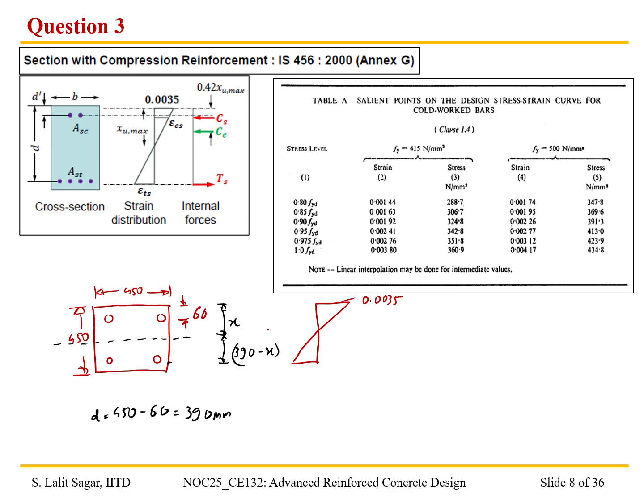Okay, and we'll draw the stress distribution as well. And please note that this is a doubly reinforced cross section. So in addition to the compressive force due to the concrete block, we need to consider the compressive force due to the steel rebars as well. Okay. So let us go to the Excel sheet in order to solve this problem, right?